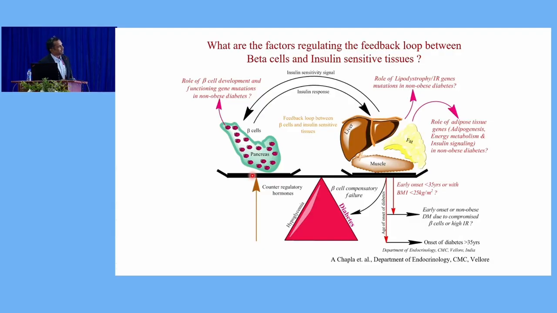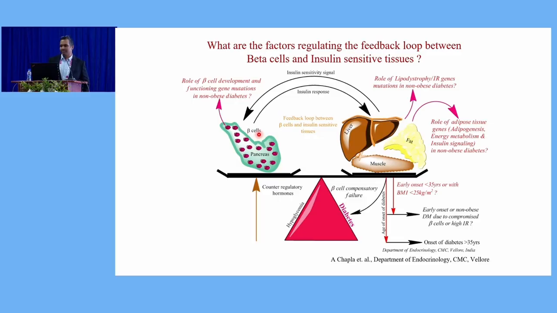To start with, this was the hypothesis when I started working as a PhD student under Dr. Nihal. He was interested in young onset diabetes, and our hypothesis was that it could be because of the beta cells. We've been hearing a lot about beta cell mass and beta cell function. Beta cells have quite a bit of potential to compensate, right?